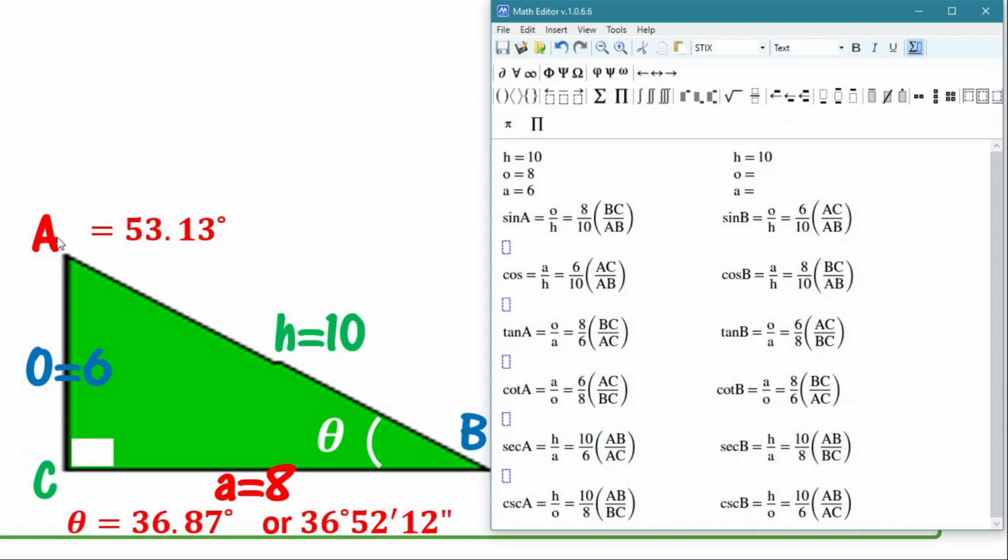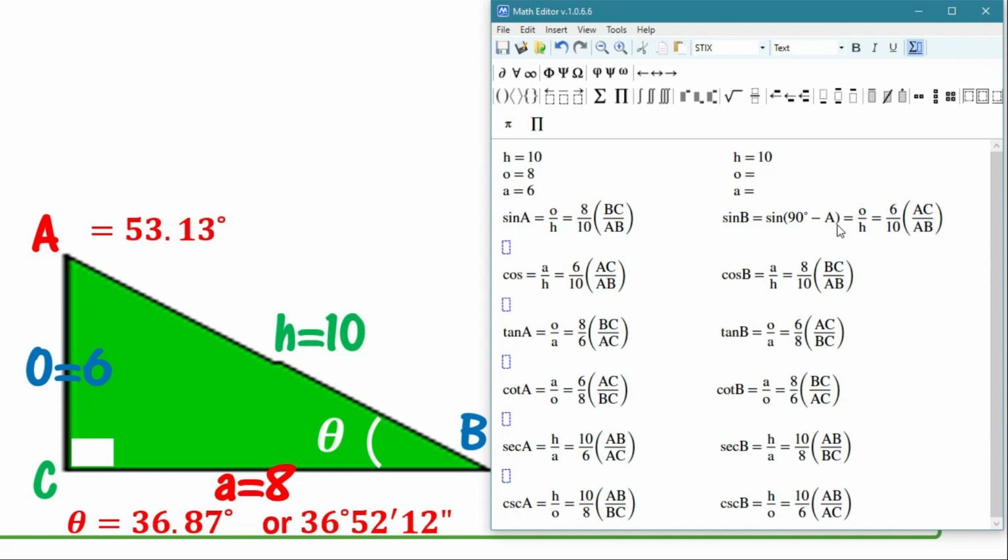Alright, we all know that A and B are complementary angles. And if we're going to see this relationship, then we can simply say that sine B here is equivalent to the sine of 90 degrees minus the measure of angle A. Alright, so sine B here is equivalent to the sine of 90 degrees minus A, since A and B are complementary angles.